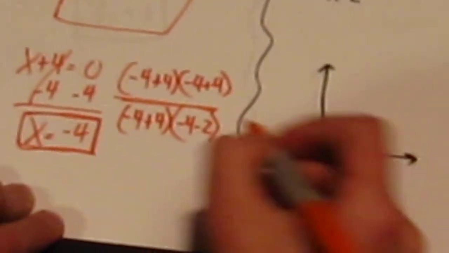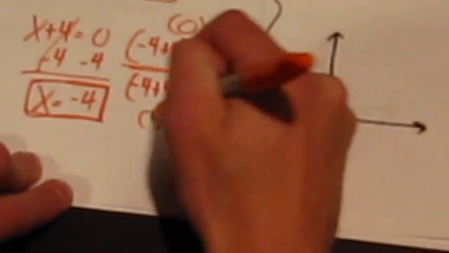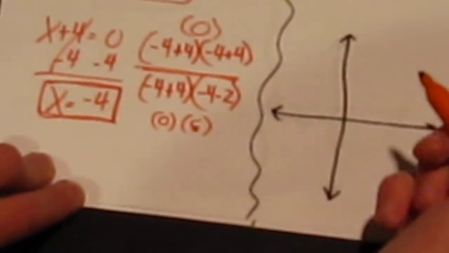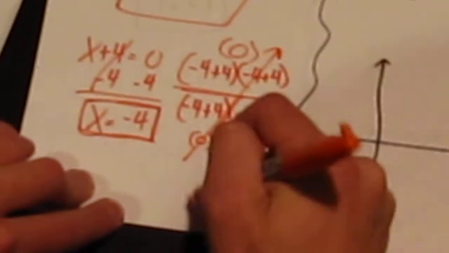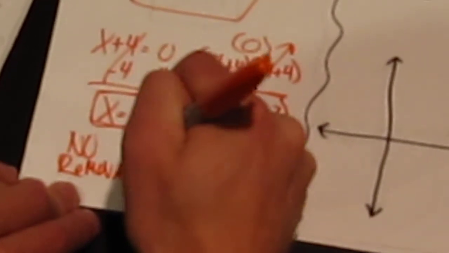But eventually that would cancel out to equal 0, because anything times 0 is just 0 anyway. So you're not going to have any removable discontinuities. No removable discontinuities. Yeah, you get the point.